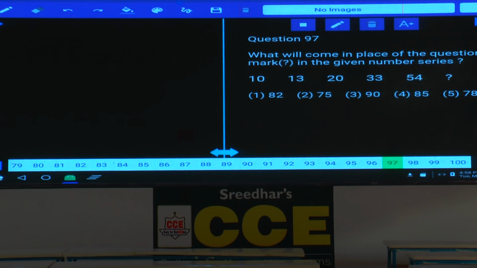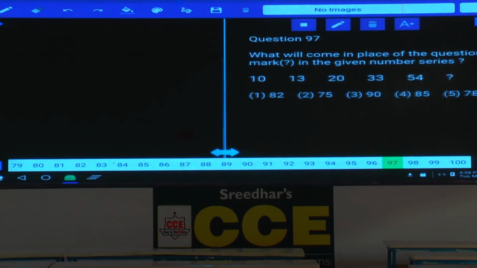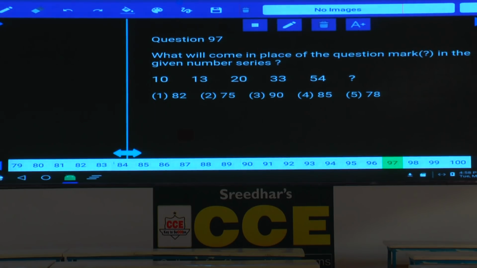Then coming to 97. Now in this 97, the numbers are increasing at a smaller rate, so here it must be difference. Then what is the difference between these two? Here the difference is 3, next difference is 7, then 10 plus 3 is 13. Then 33 and 54, the difference is 21.